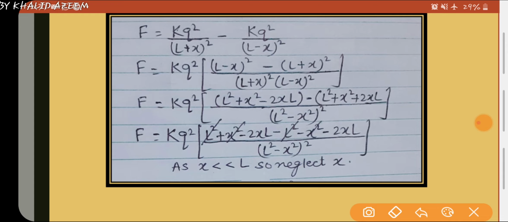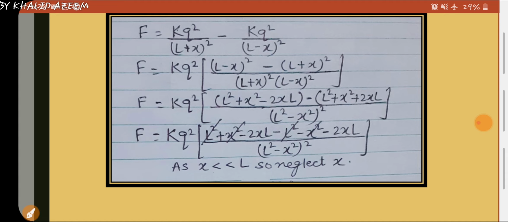And when we multiply these two terms, L plus x and L minus x gives L square minus x square, and as they contain squares, I am applying the square here also. When we remove the brackets, the sign of this bracket changes.